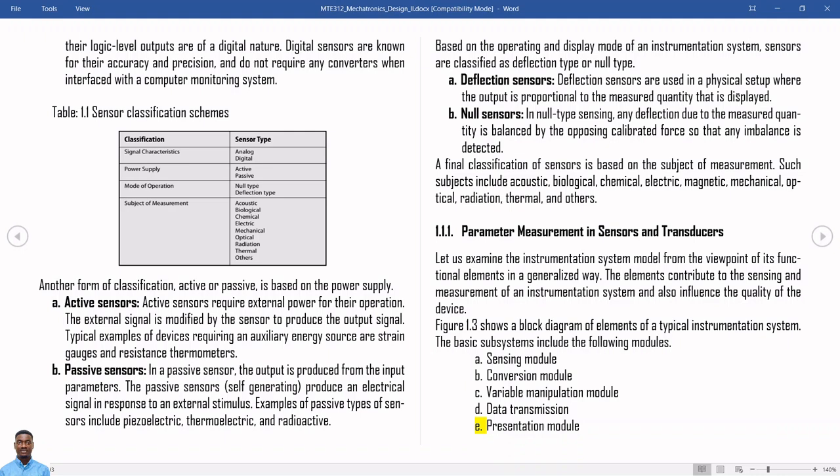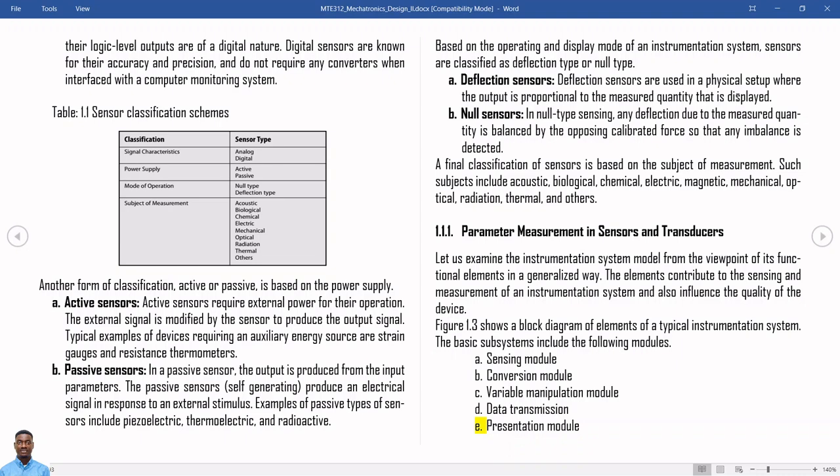For instance, the measurement of weight or mass can be read via a dial when you put the mass or the weight on the sensor. But null sensors or zero sensors are more accurate than deflection sensors.